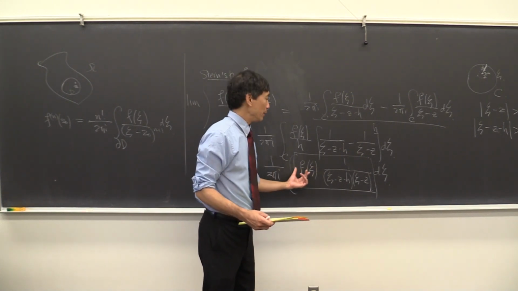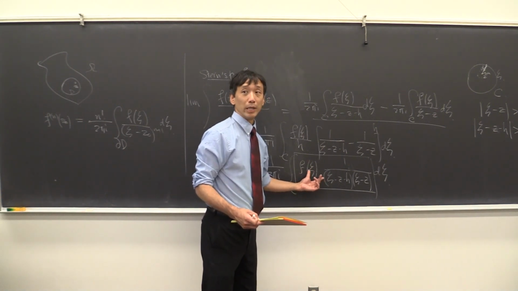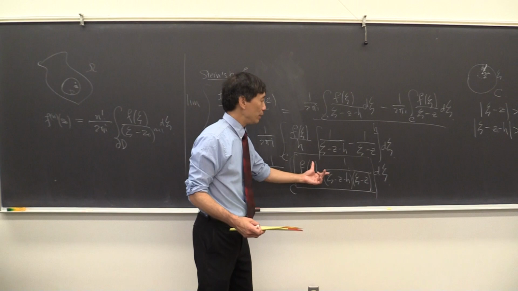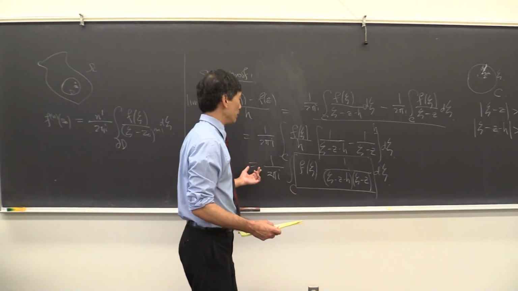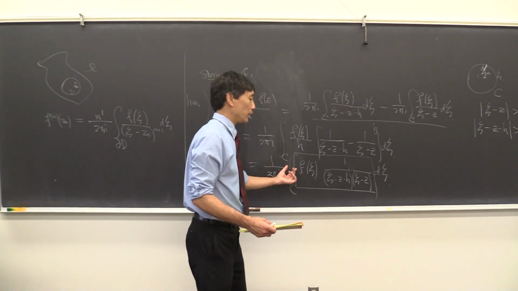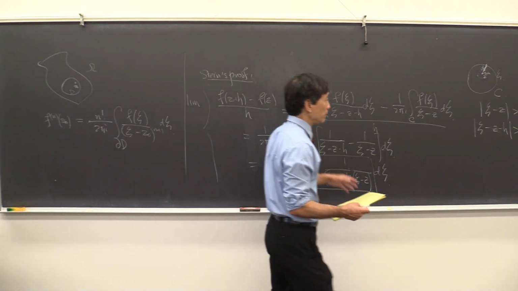The reason we can pass the limit inside is because we're going to have uniform convergence here, right? If we have uniform convergence of this, then it's legal to interchange integration and limit. Okay, so that's really the key.